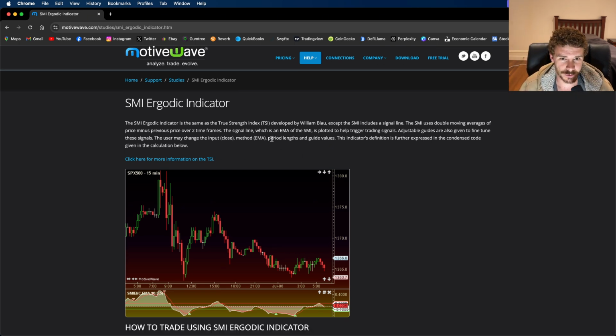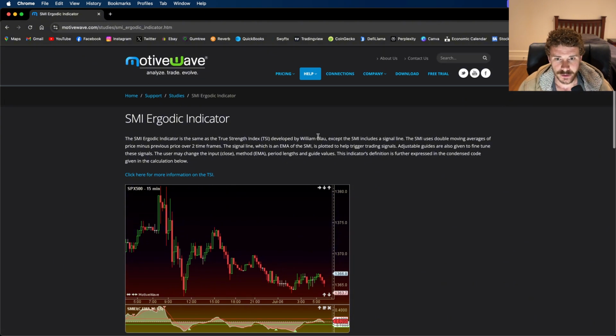The signal line, which is the EMA of the SMI, okay, is plotted to help trigger trading signals. Adjusting guides are also given to fine-tune these signals. The user may change the input, close, method EMA, period lengths, and guide values. This indicator's definition is further expressed in the condensed code given in the calculation below.